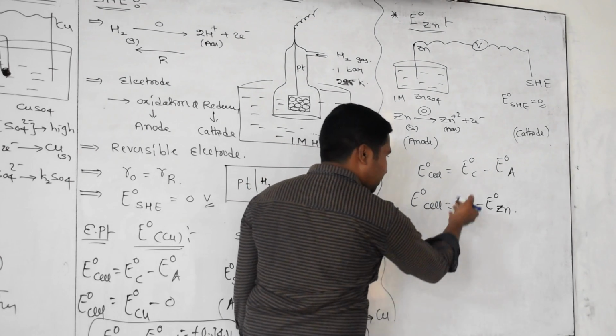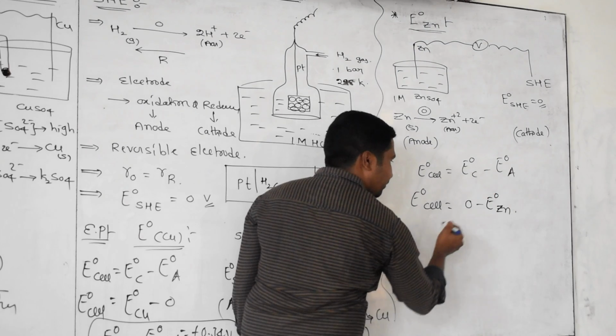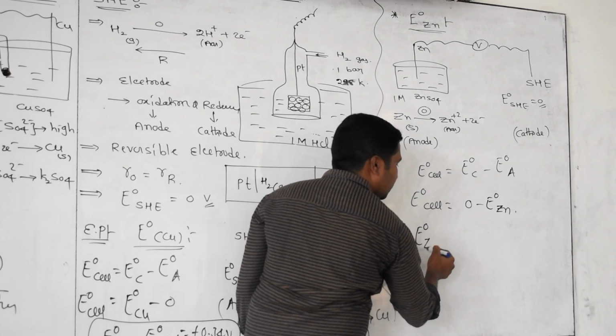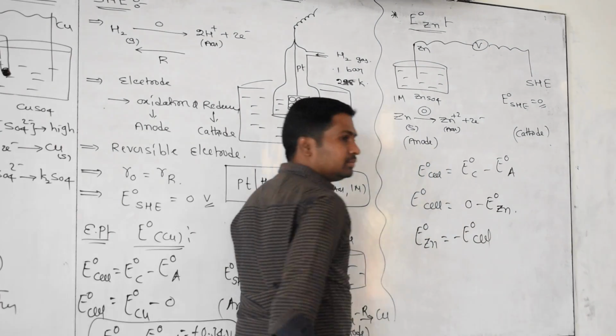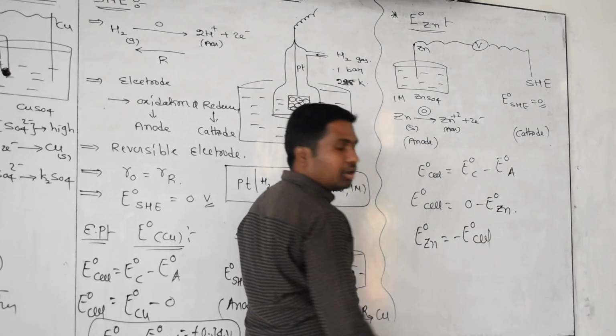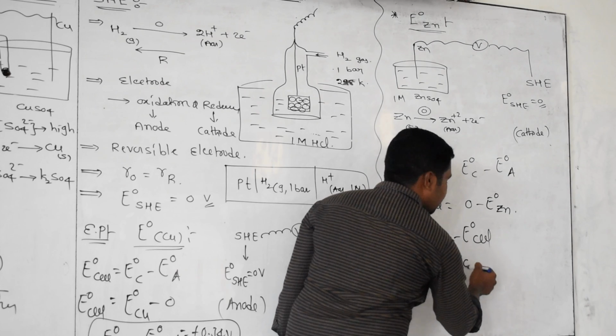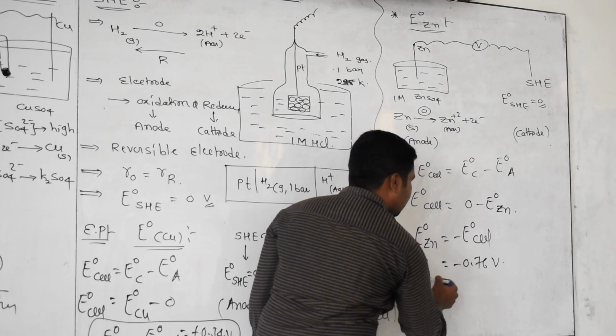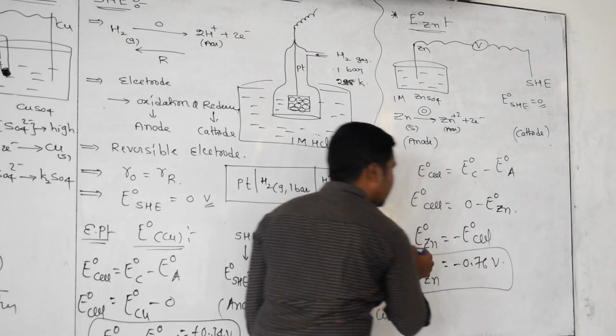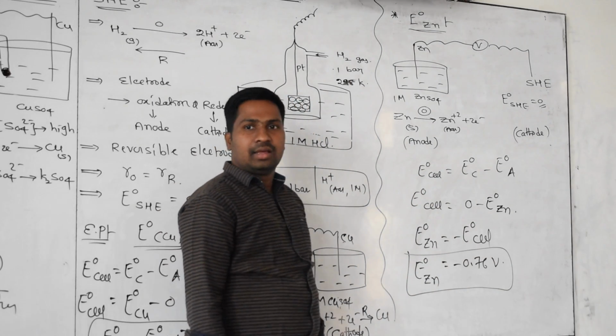If you simplify, E naught of zinc equals minus E naught cell. That value is nothing but minus 0.76 volts. So the standard electrode potential of zinc is like this.